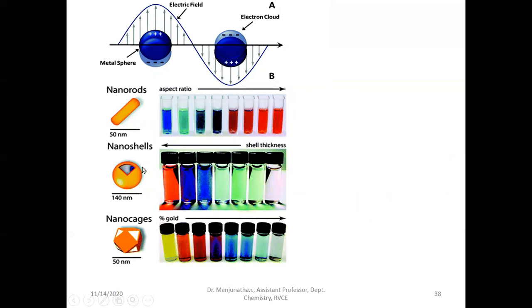Even the shell thickness, in a core shell nanoparticle, if the shell thickness increases or decreases, it will exhibit different colors. From the colors we can calculate the thickness of the nanoparticles. Even nano cages, it depends on the concentration: if the percentage of gold increases, its color also changes.